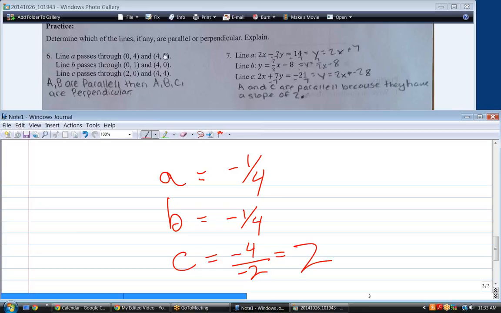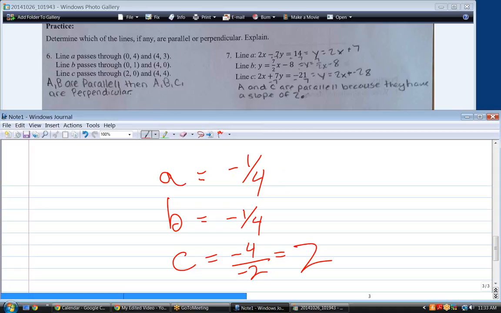Now, in this one, it didn't matter which way we went. We were going to have a negative in either the numerator or the denominator. Same way with this. This one it does. It works easier if you go y sub 2 minus y sub 1 divided by x sub 2 minus x sub 1. So now let's answer our questions.